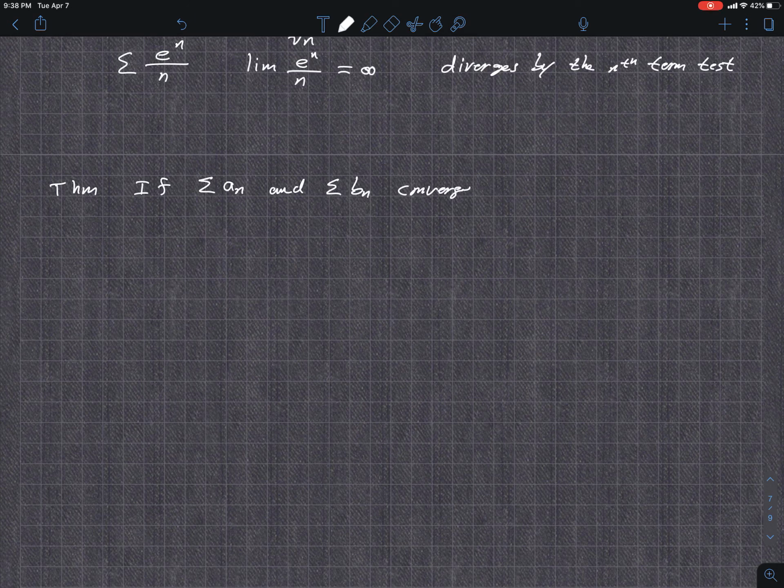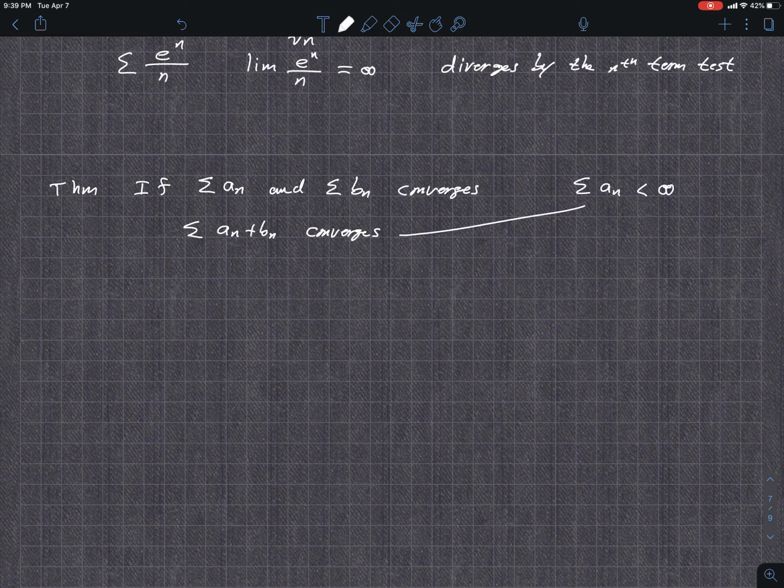So if the sum of a sub n and the sum of b sub n converge, and I won't run all the little details, basically it's saying that the sum of a sub n plus b sub n converges.